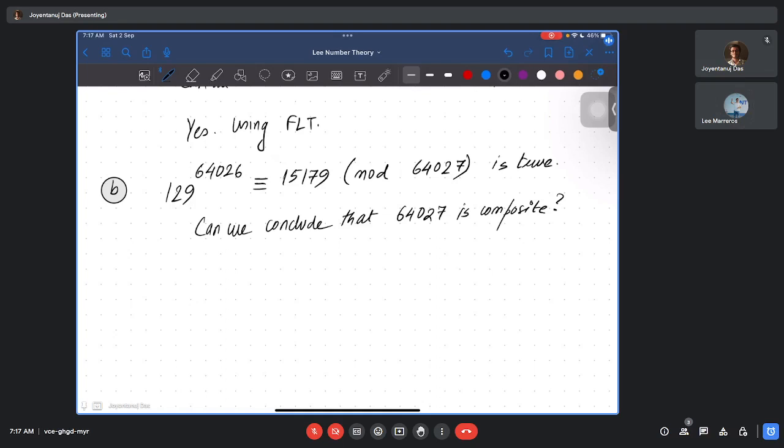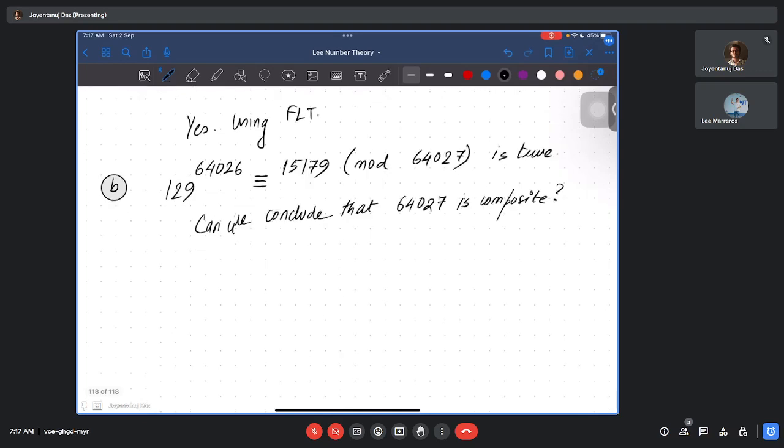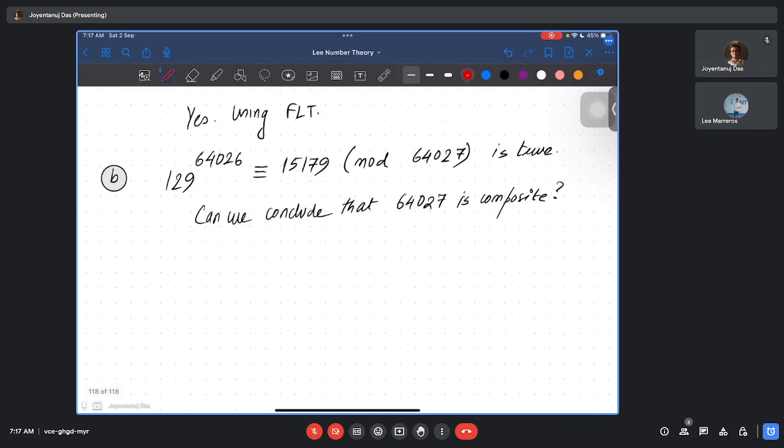We cannot say directly, because in Fermat's theorem, if you remember, one condition was there. If you recall the theorem, a to the power p minus 1 is congruent to 1 mod p, if a is not congruent to 0 mod p. So this one condition was there: if p is a prime and a is not congruent to 0 mod p.